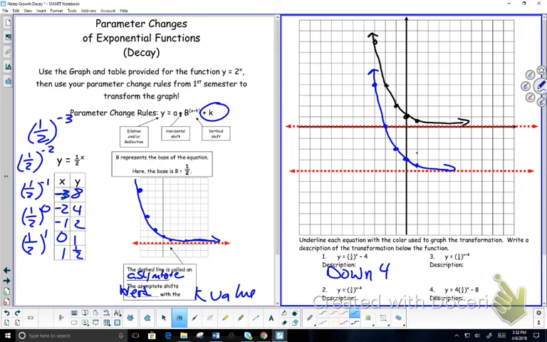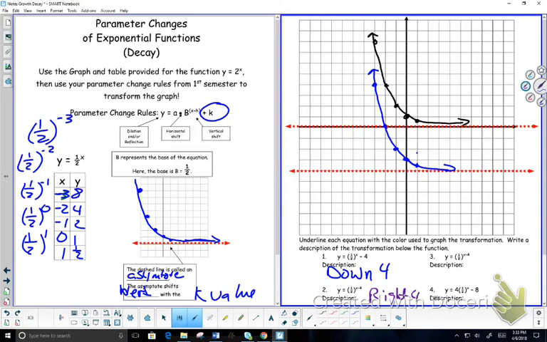Number 2. 1/2 to the x minus 4. What's that going to do? It's going to go right 4. It's an insider, so insiders lie, so it looks like it says x minus 4, but it's going to go right 4.